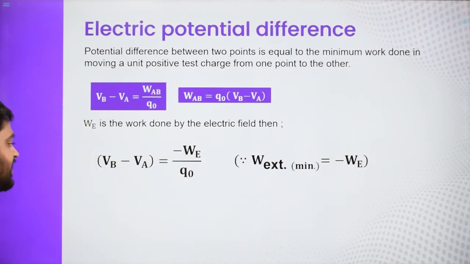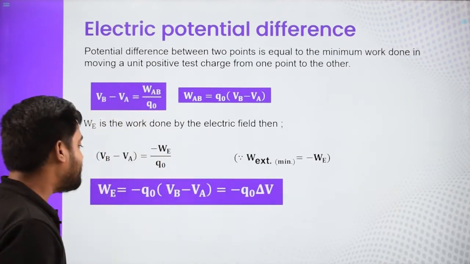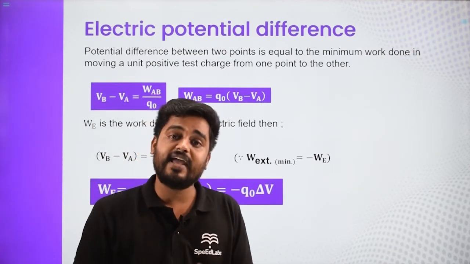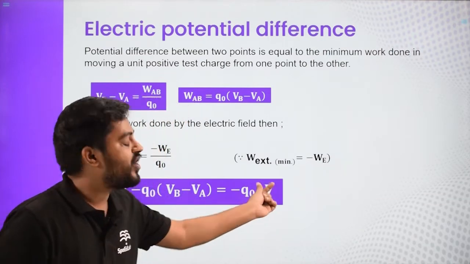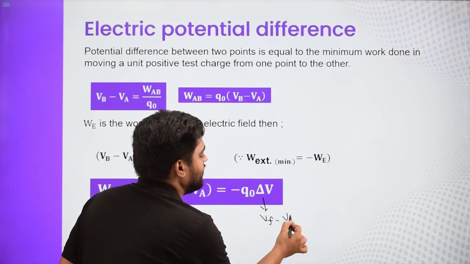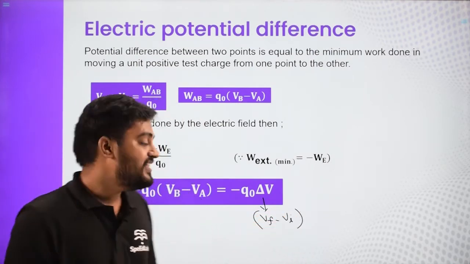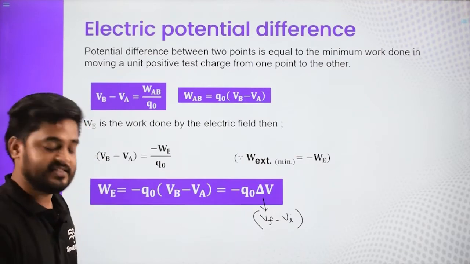So the work done by the electric field is nothing but minus Q naught delta V. Remember, delta V is V final minus V initial, or the potential of the final point minus the potential of the initial point, that is the potential difference.